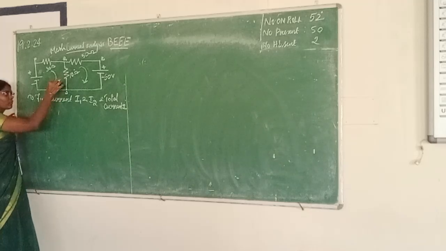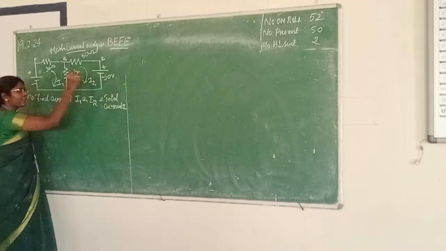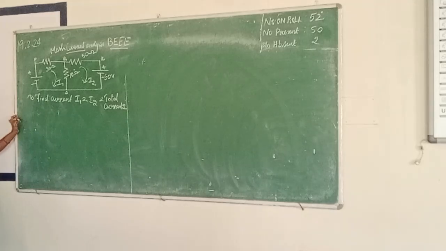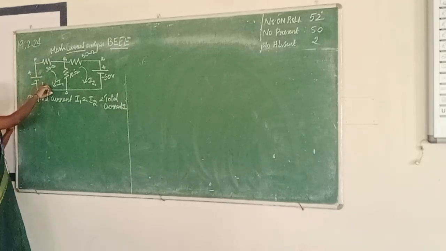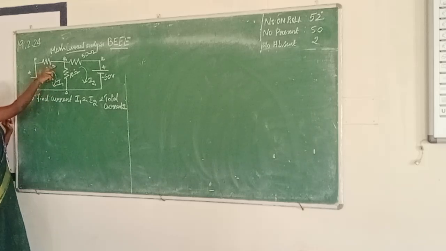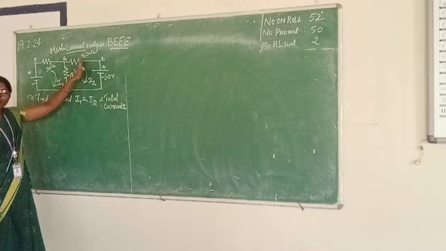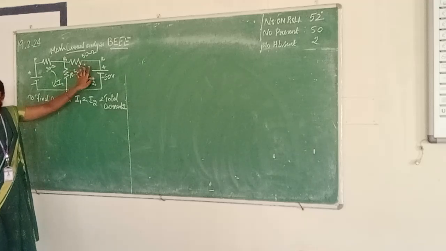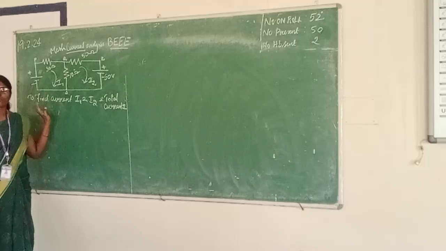The first loop current is I1 and the second loop current is I2. We are marking it for our convenience. But how will the current actually flow? Here it will flow in this direction, I1. But here the actual current flow is anti-clockwise.